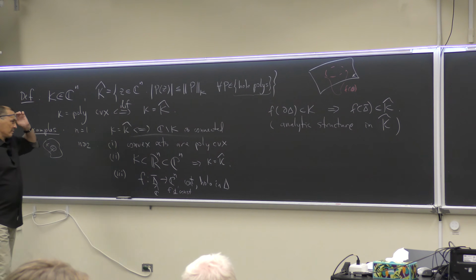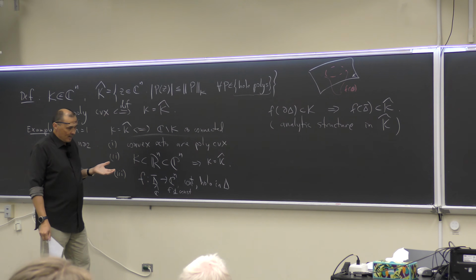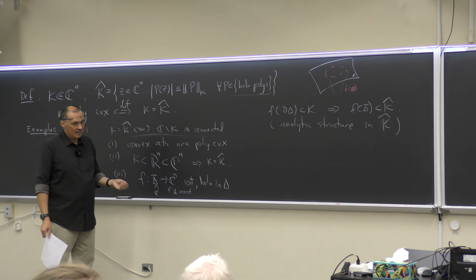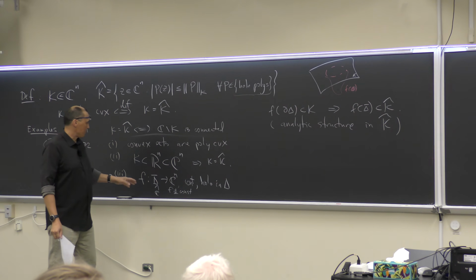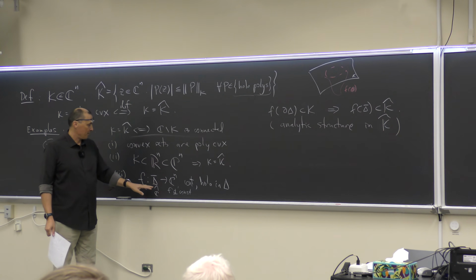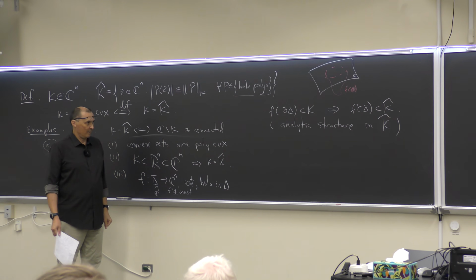But Stolzenberg in the 50s, or 60s, already found an example of a compact set in Cn which has a non-trivial polynomially convex hull, but it doesn't contain any analytic structure. So there is no non-constant map from a disk inside the hull.